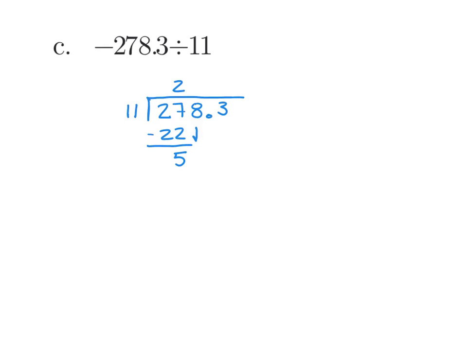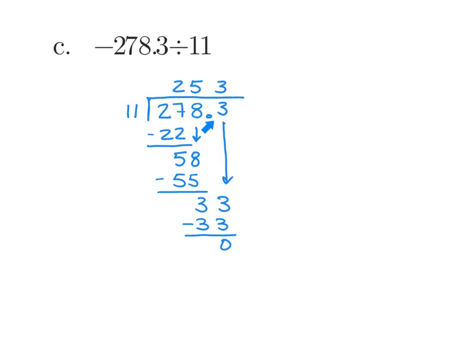All right, we bring down our 8. 11 goes into 58 5 times. 5 times 11 is 55. Subtract, we get 3. Bring down our 3. 11 goes into 33 3 times. 3 times 11 is 33. And if we subtract, we get 0. And so we're done with our division.